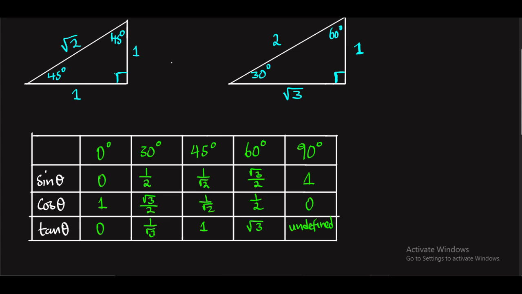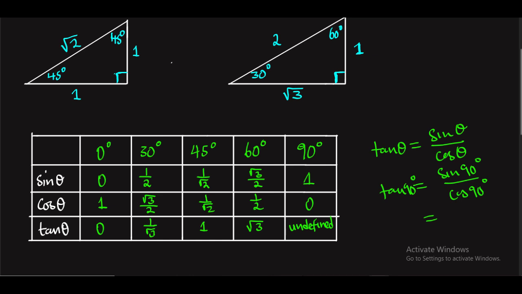So why is tan theta undefined? Remember that in our previous video we talked about quotient identity. The quotient identity of tan is equal to the sine of theta divided by the cos of theta. So if I say the tan of 90 degrees, it means I'm saying sine of 90 degrees divided by the cos of 90 degrees.